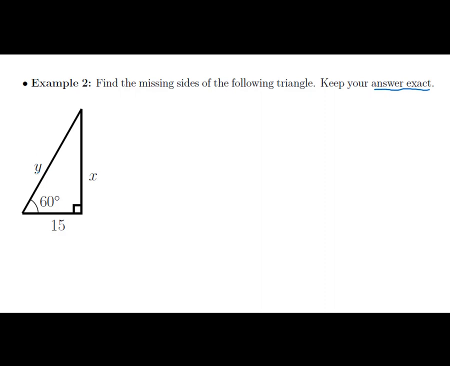All right, so let's begin here with y. So if I want to figure out y, I realize that's a hypotenuse. So that means I'm going to have to use one of the trig functions that involve hypotenuse, which would be sine or cosine. But because the thing I know is the adjacent, that means I would have to choose cosine, because we know that the cosine of 60 degrees is the adjacent over the hypotenuse.